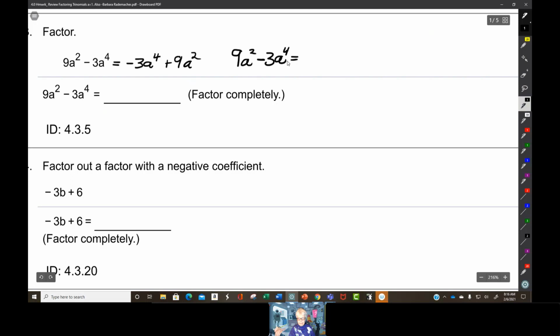Picky math teachers. I'm going to factor, I'm going to totally break down each individual term. 3 times 3 times a times a minus 3 times a times a times a times a. Both terms contain a 3.